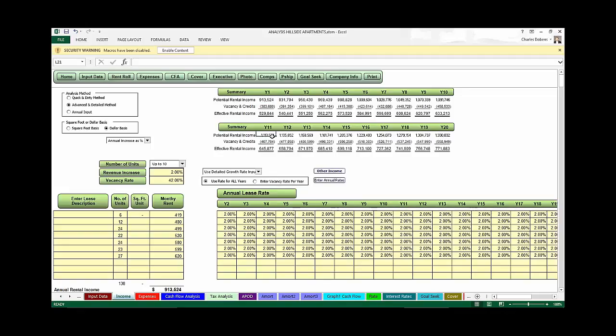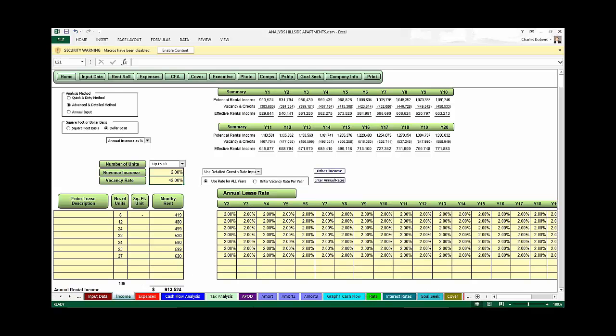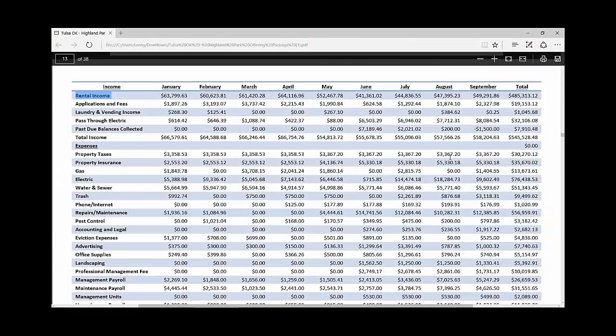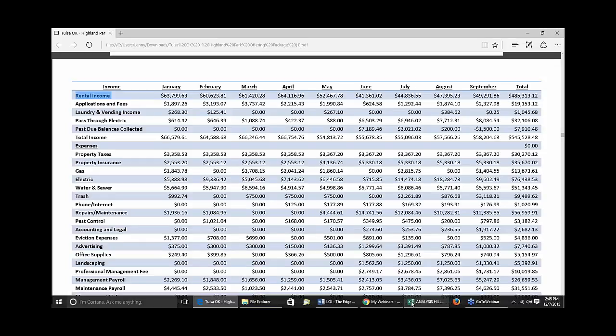Oh, you know what? I was looking at year 11. Oh my gosh, I'm so sorry. Let's try this again. We have to get that number back up to that 6. What did we say? It was 913. I'm sorry, guys. Let me do this again here. 485,313 divided by 9 times 12, 647.